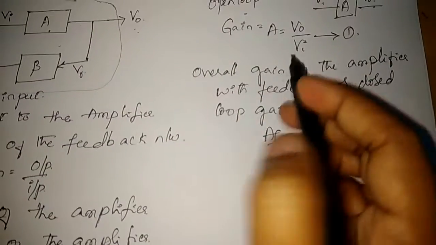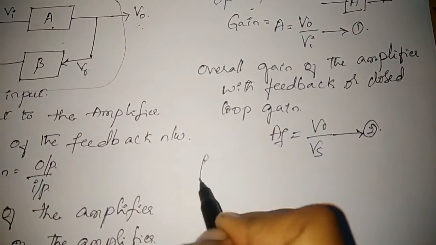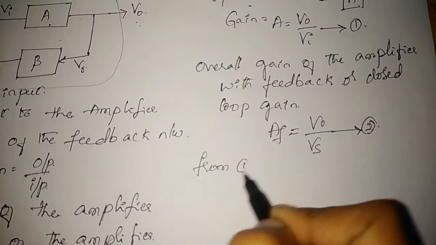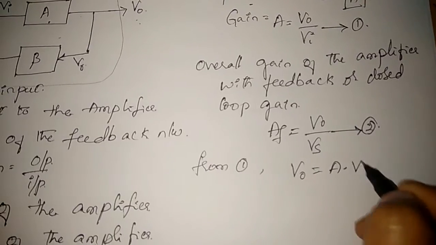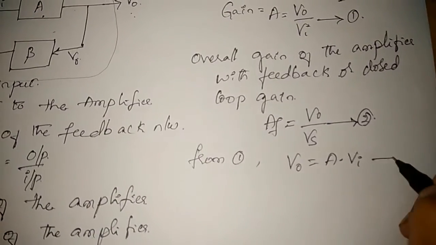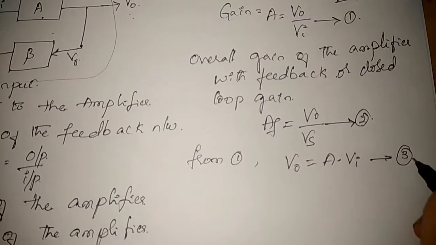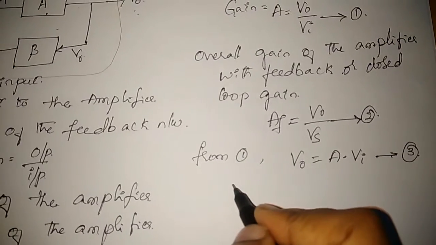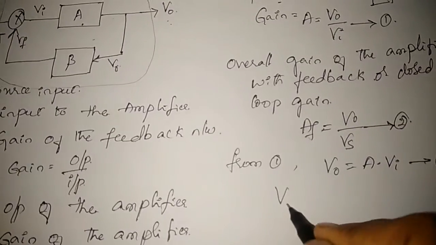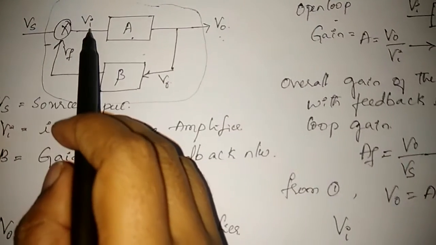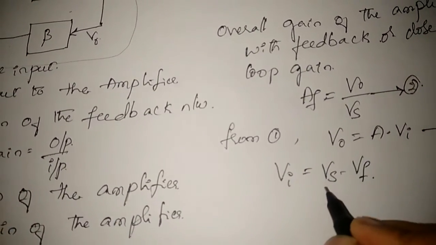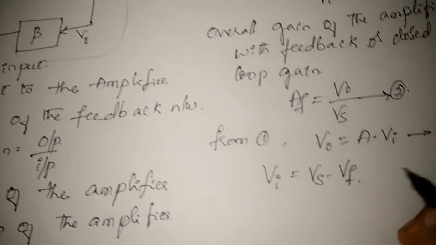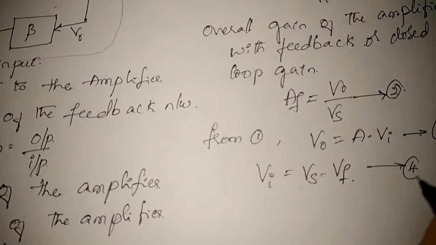Now from equation 1 we can write V naught is equal to A into Vi. Let me take it as equation 3. We also have Vi, the input, equal to Vs minus Vf, since it is negative feedback. So this is equation 4.